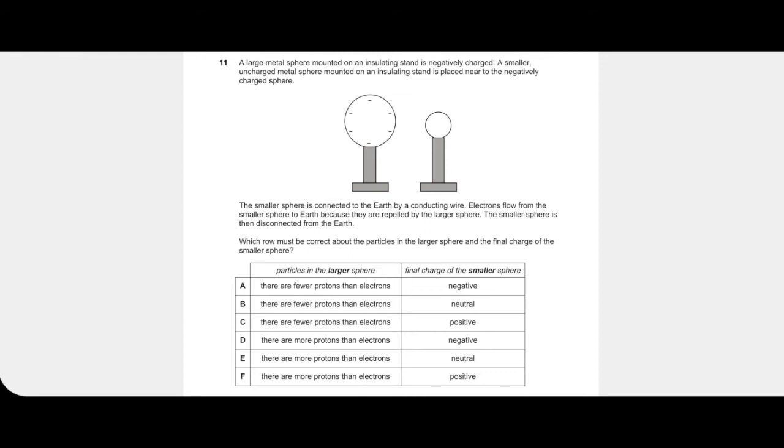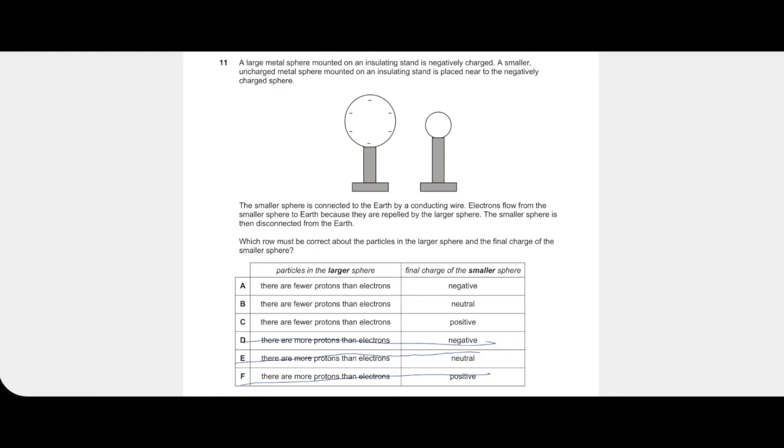So, immediately let's focus on the big sphere. The information given states that it's negatively charged, therefore it contains more electrons, which are negatively charged, than protons, which are positively charged. So therefore we can eliminate D, E, and F. And now moving on to the smaller sphere.